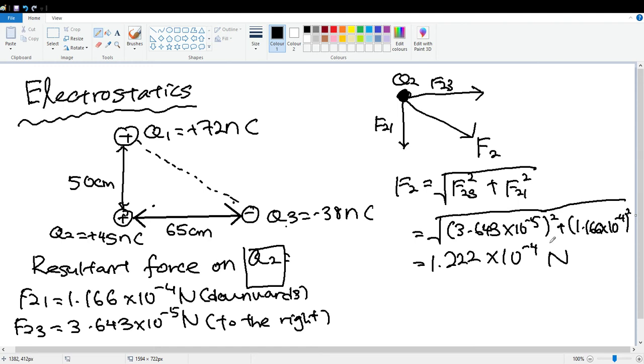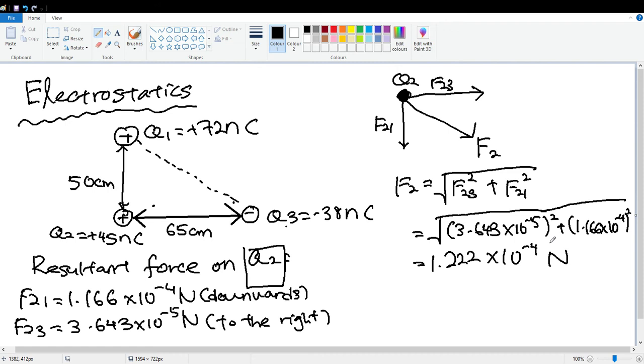Is it correct? Okay, so there's something wrong here. I wonder where is the mistake which I have done.